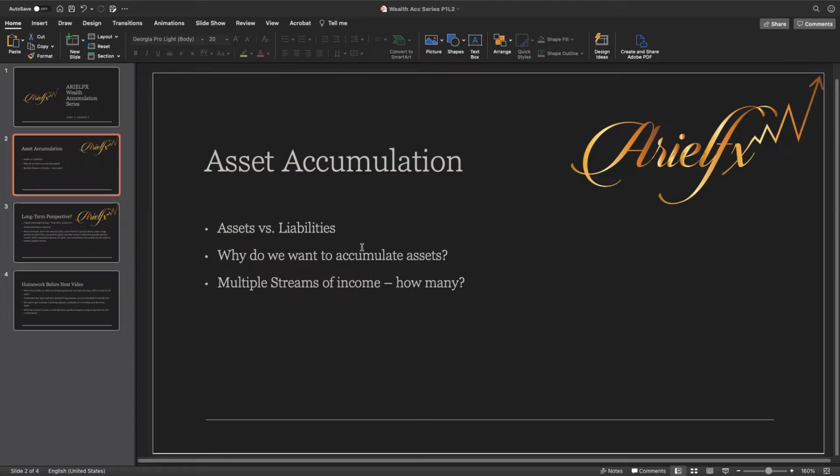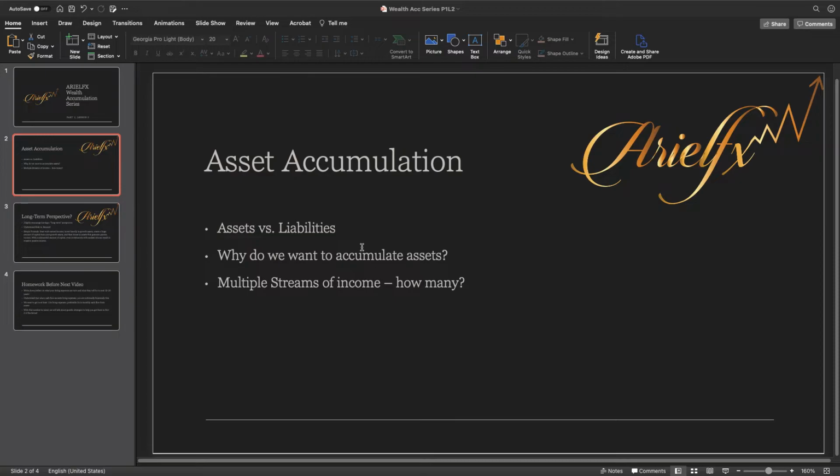So why do we want to accumulate assets? This video is on asset accumulation. Why do we want to do that? Because we want to have multiple streams of income. We want to put our money to work for us, because our money can work a lot harder than we can and doesn't require PTO or only work 8 hours a day.